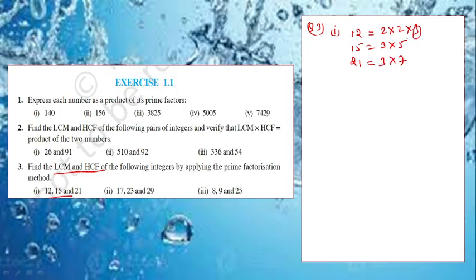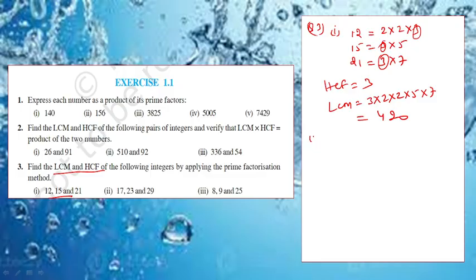So here we can see 3 is common, so HCF will become 3. Okay, LCM will be 3 into 2 into 2 into 5 into 7, and this will give us 420.